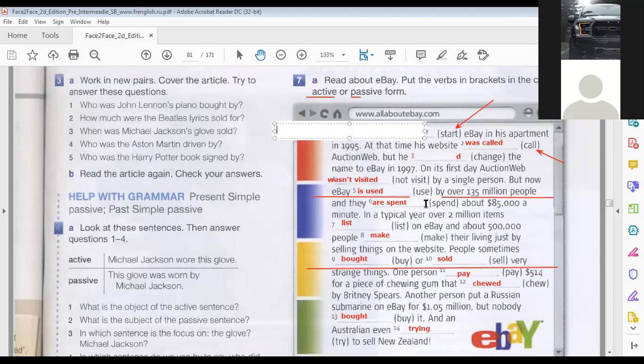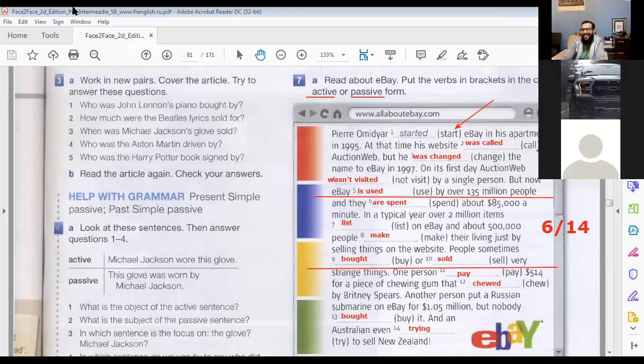So this is your mark. So on your exam, your passive exam, you got 6 from 14. So how many mistakes do we have? We got 6 from 14. Fine, it's normal because the topic is new and confusing and needs a bit of focus. So okay, let's start from the beginning. Let's try to understand their story, it will make it easier for us.